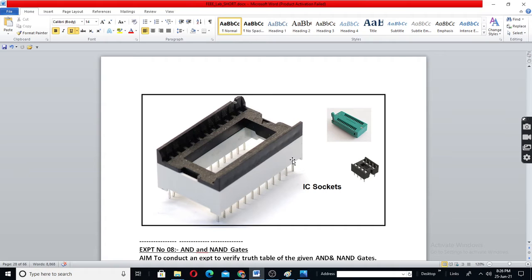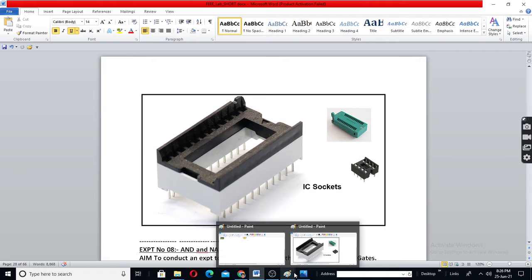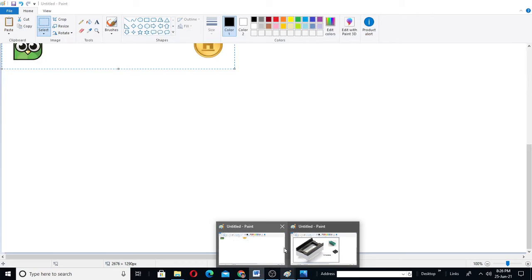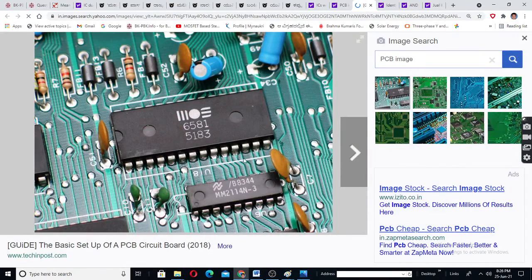But a socket will actually increase heat in the printed circuit board, because the length of the conductor increases and also some small voltage drops will be there. Hence, some people do not provide a socket. They directly solder. Okay.